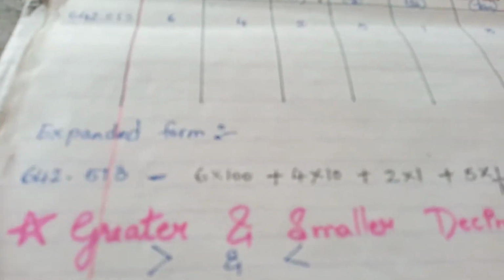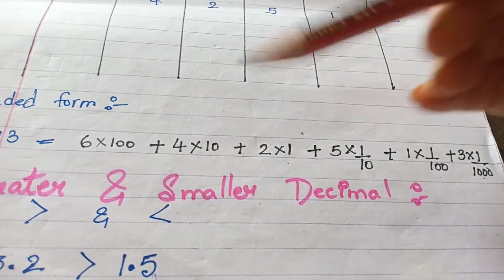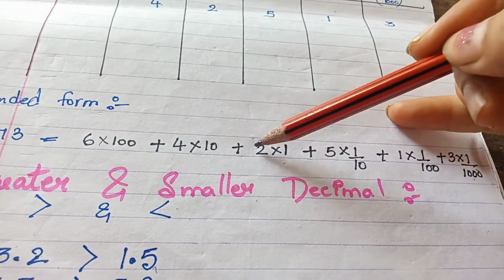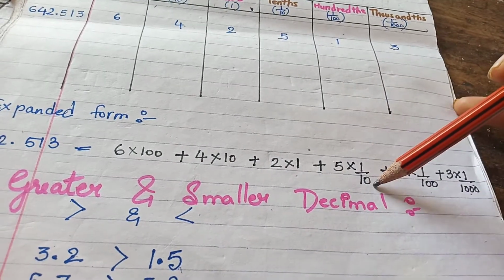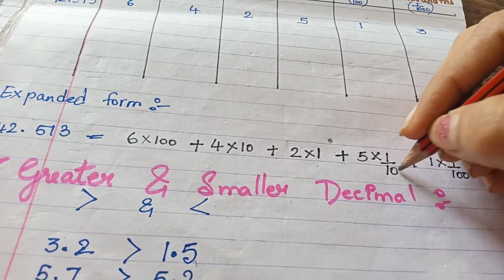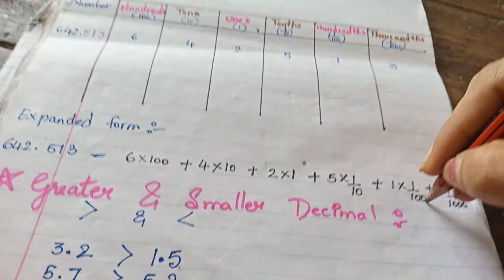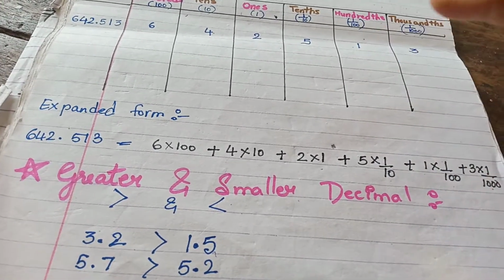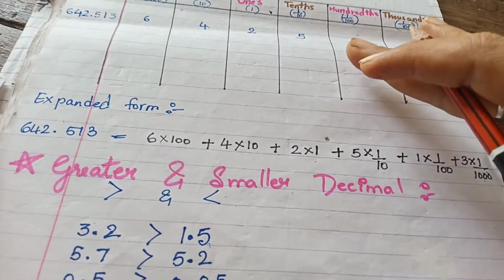And when it says write in the expanded form, you have to write 6 into 100 plus 4 into 10 plus 2 into 1 plus 5 into 1 upon 10. This is after the point. For the digits after the point you write like this: plus 1 into 1 upon 100 plus 3 into 1 upon 1000. This way you have to write.